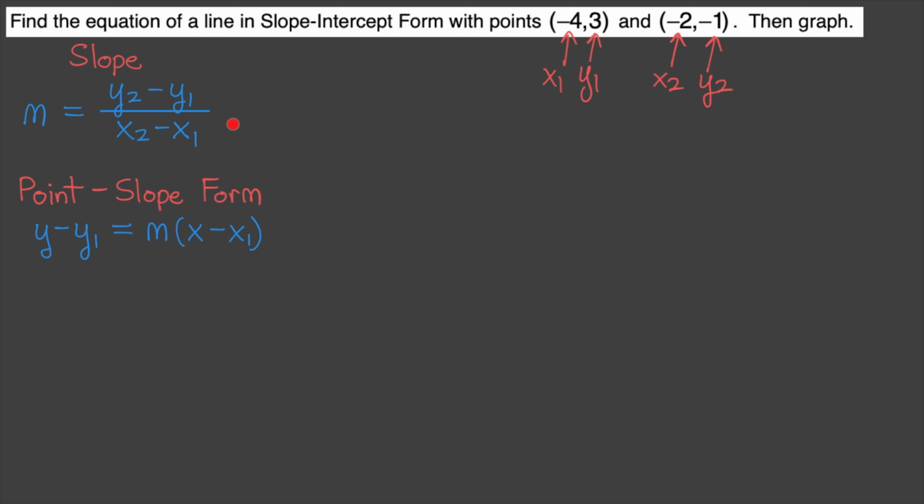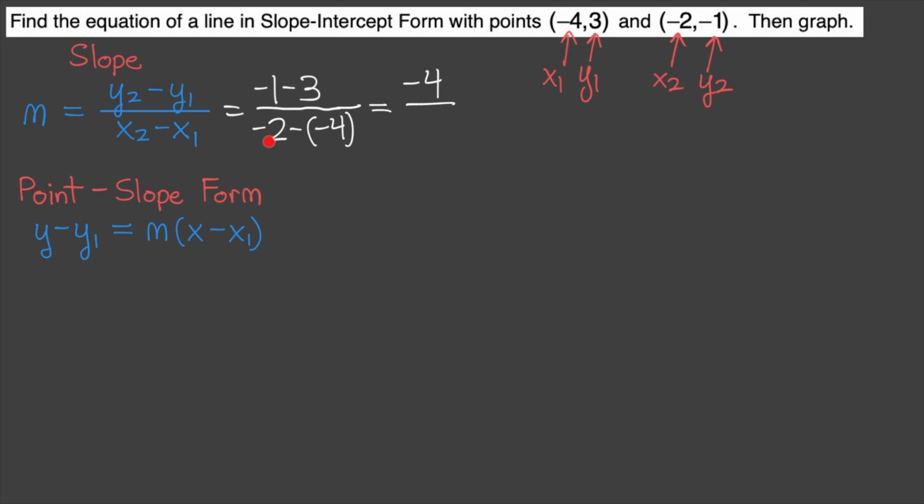All right, so now we'll plug into our equation. y2 minus y1 is on top, so we have -1 minus 3 on top. Then on the bottom, we have x2 minus x1, so we have -2 minus -4. We simplify on top, we get -1 minus 3, which is -4.